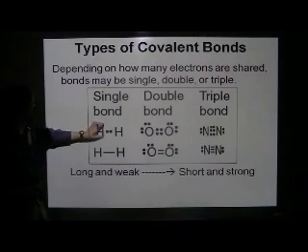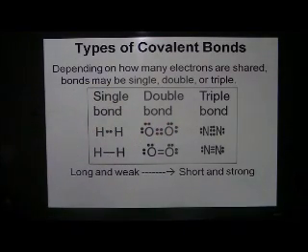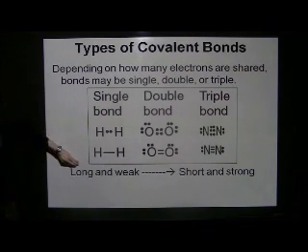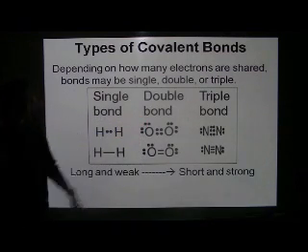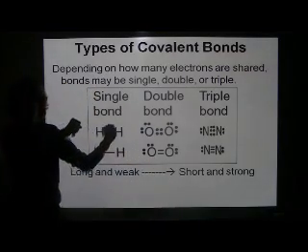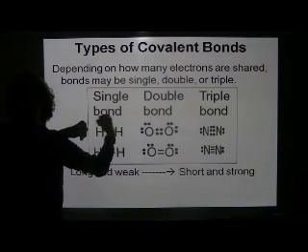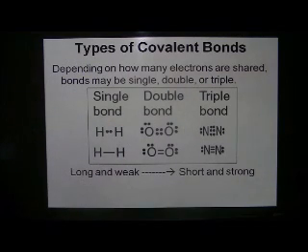You may want to draw these pictures, at least on the top row here, to help you remember what those look like. And you should also write down that single bonds tend to be long and weak, so those atoms are far apart and easily ripped apart from each other. Whereas as you add more and more shared electrons, those atoms become closer together, and it's harder to rip them apart. Those are stronger bonds.